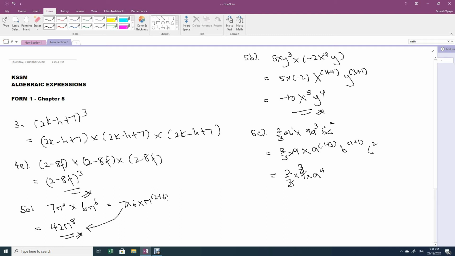So times a to the power of 4 and b to the power of 2 and c to the power of 2. So we have 6, a to the power of 4, b to the power of 2, c to the power of 2, okay. So this is 5c. So next we move to 5d, yeah, 5d.